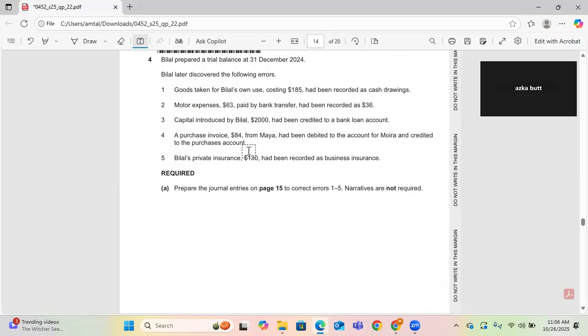It means 84 Moira credit, and Maya again we have to credit because we haven't credited it first. And then the purchases will increase by the double amount, 84 plus 84. So that will be a debit.